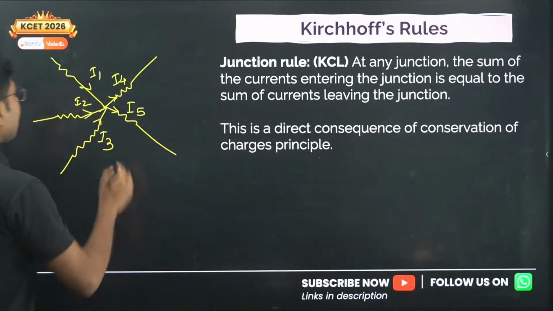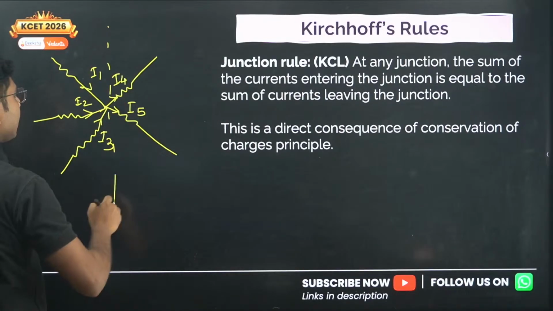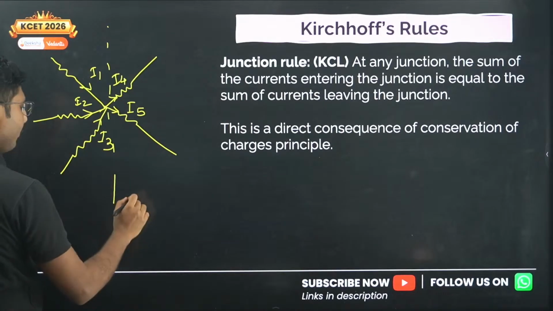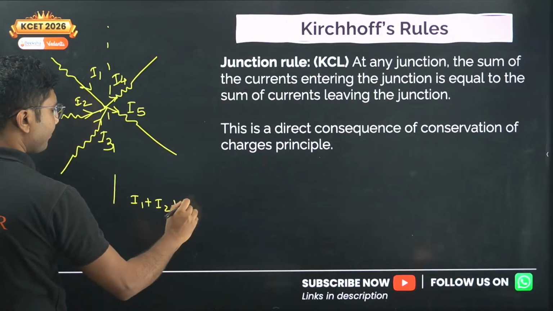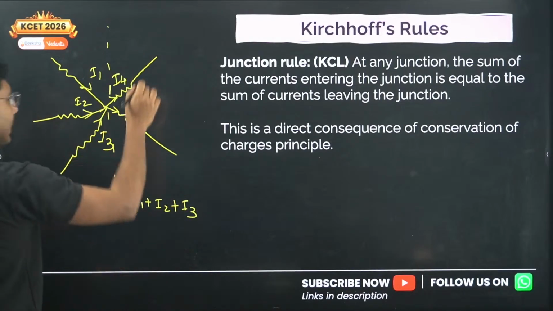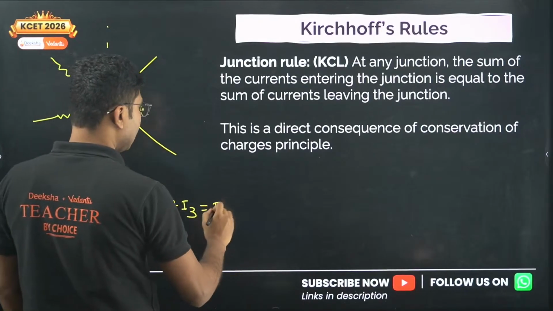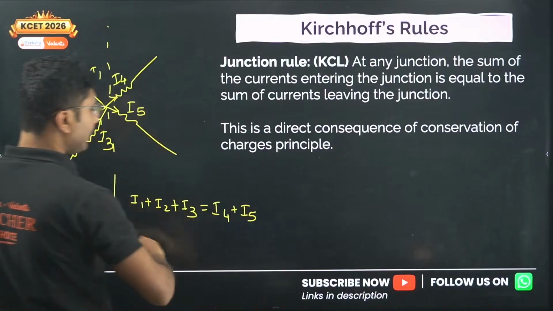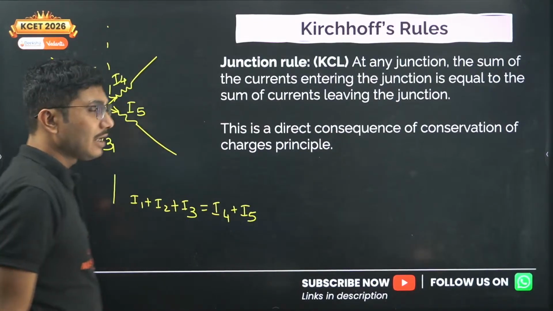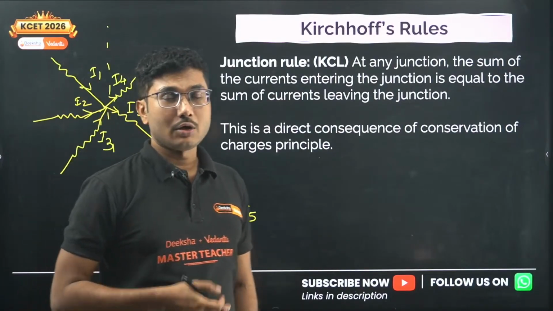The current rule says that the current coming in, that is the sum I1 plus I2 plus I3, and the current exiting, that is I4 plus I5, should be equal. Whatever current is coming in, that same current should go out.